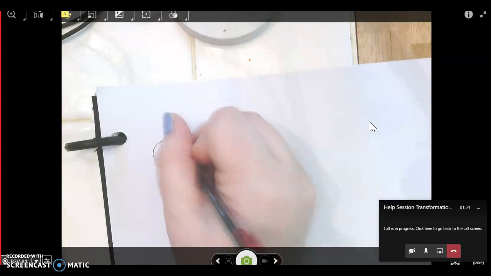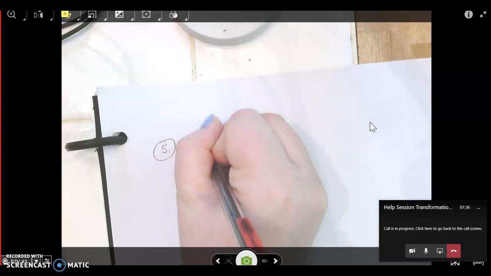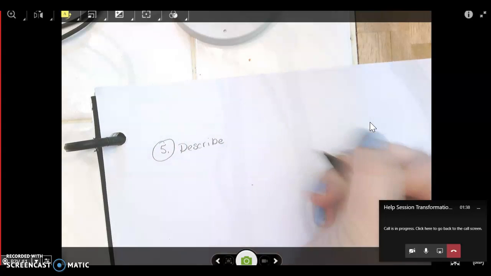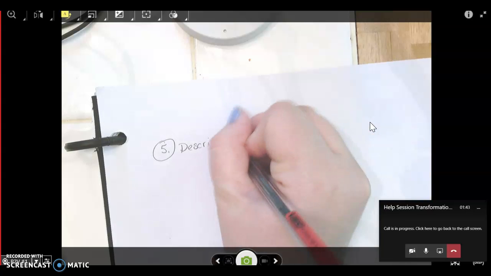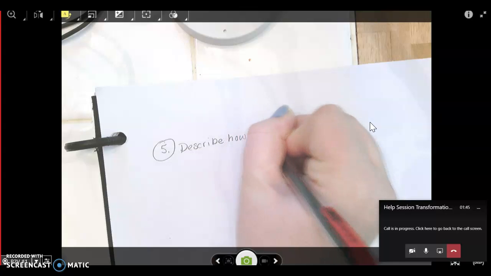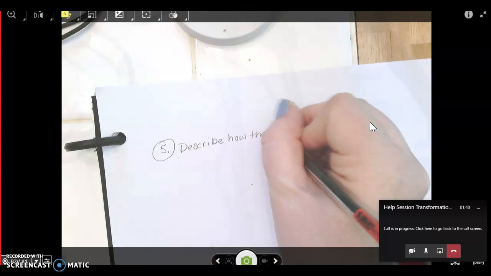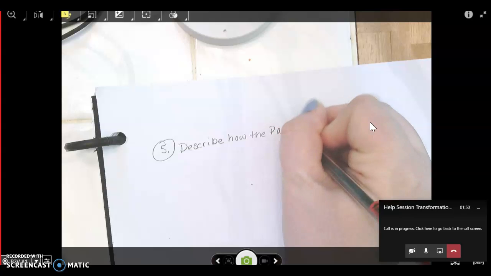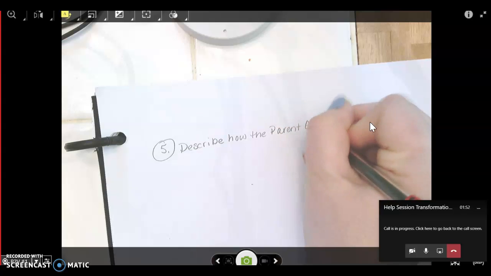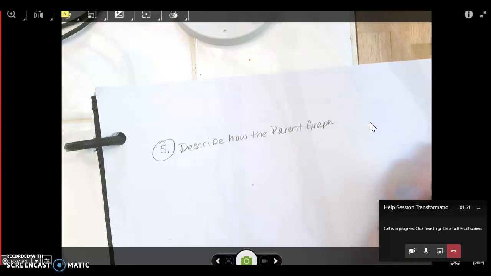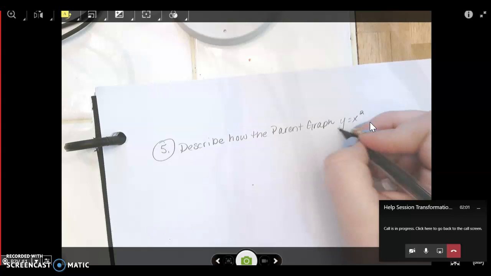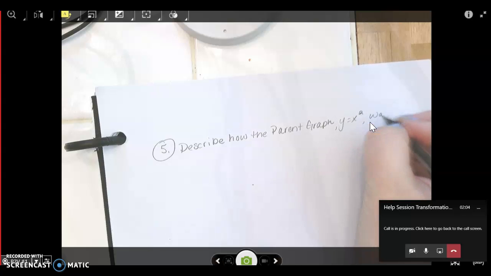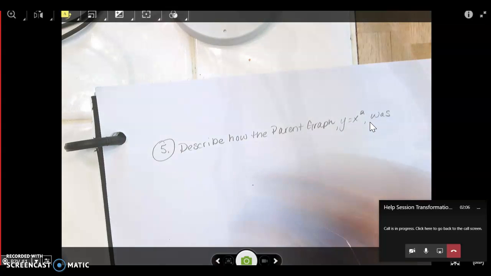It said to describe how the parent graph y equals x squared was transformed.